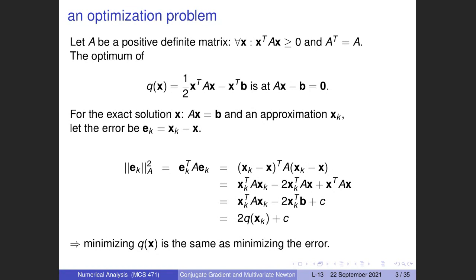The symmetry is that when you transpose, you get the same matrix back. Now let's look at a very particular quadratic form, given here by this Q. If you look at the gradient, the vector of all the partial derivatives, where Q of x equals 0, this is when you have that Ax minus b equals 0.